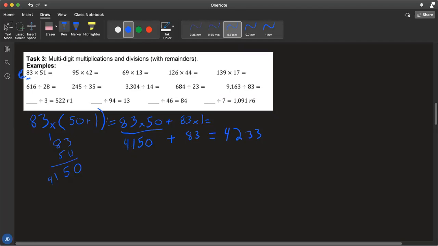Let's see. Melissa, do you want to do this second one for us? Yeah, sure. So 95 times 42, right? Yep, 95 times 42 here. This one right here.